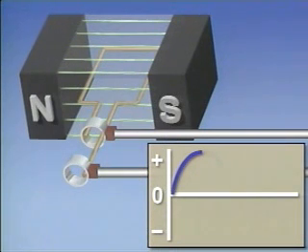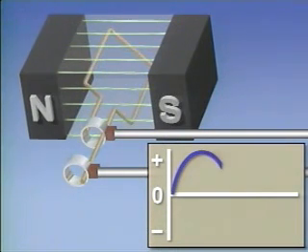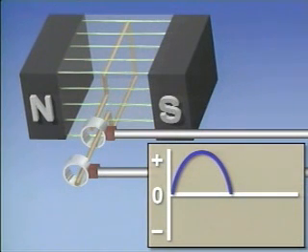As the conductor rotates toward 180 degrees, the voltage decreases because the angle between the conductor and the flux lines decreases. At 180 degrees, the conductor is moving parallel to the flux lines, so the value of the induced voltage is again 0. At this point, the polarity changes.